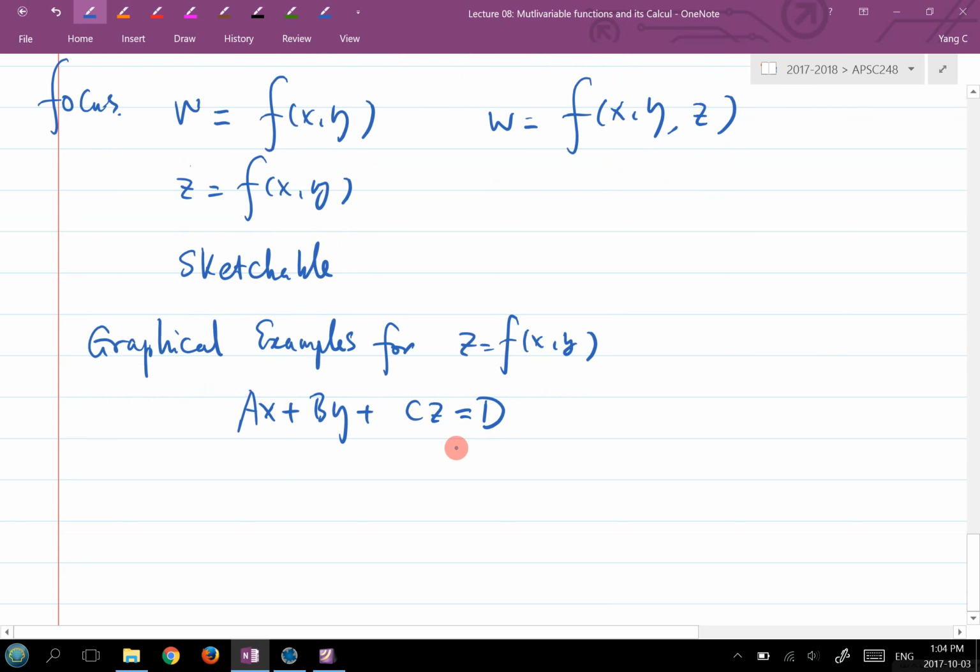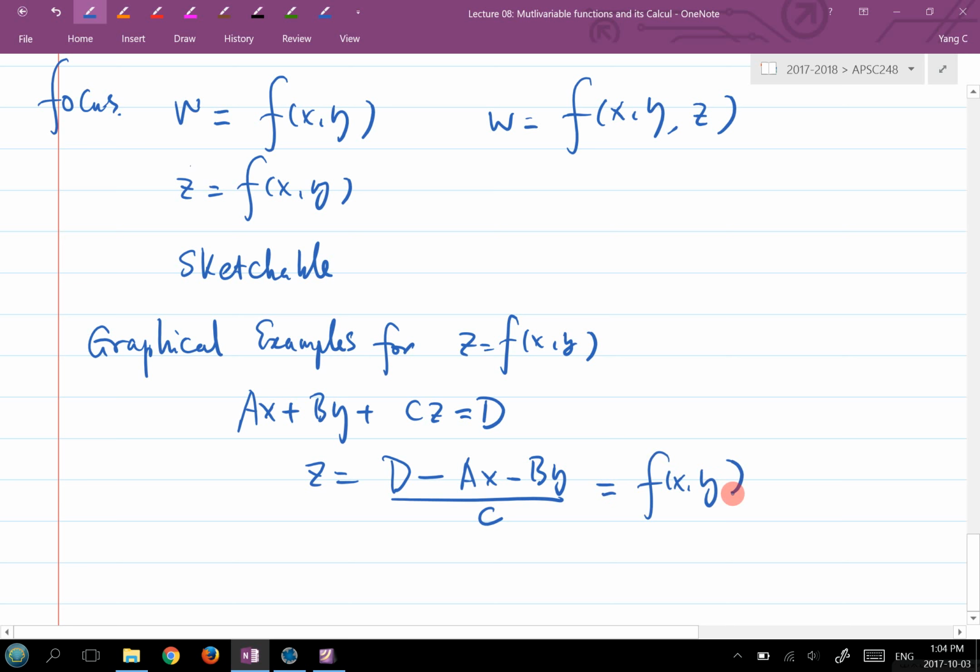So this essentially is a function of two variables, because I can always rewrite z such that it is equal to d minus ax minus by, divided by c. So I can always write it into this, and this is exactly in the format of f of x, y. And that's a plane.